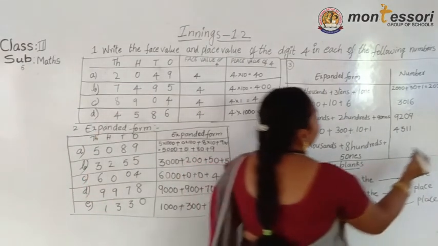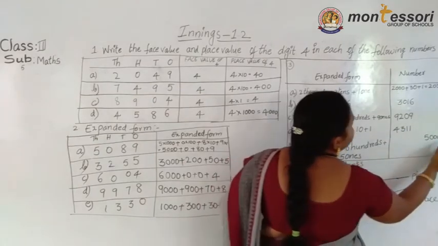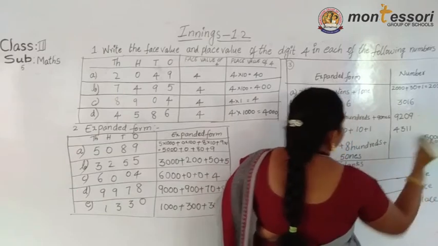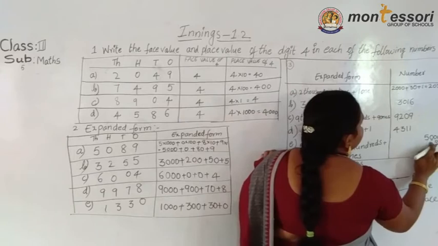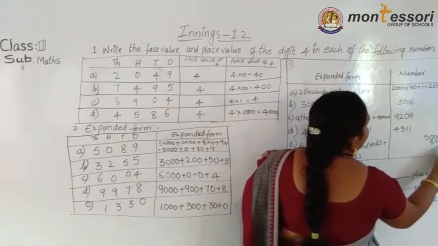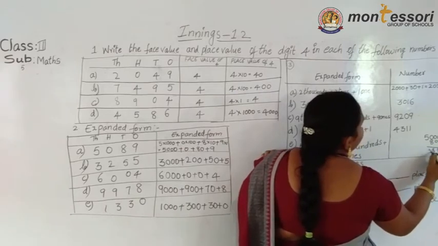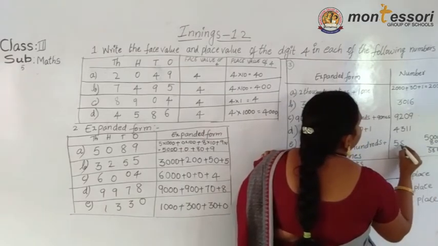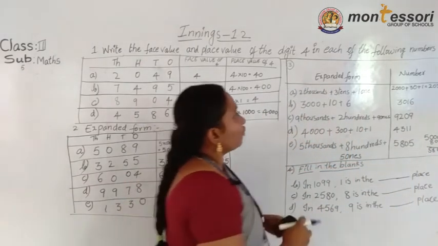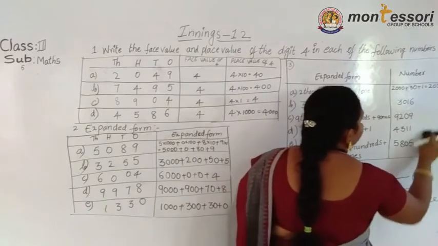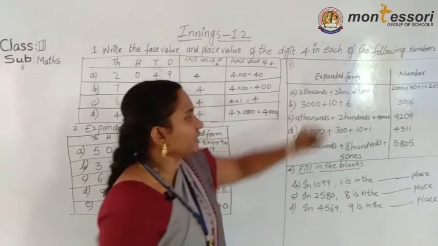So now I am writing 5000s, 800, next 5 ones. 5 ones. 5805. This is the expanded form. When the expanded form is given, we can write the number.